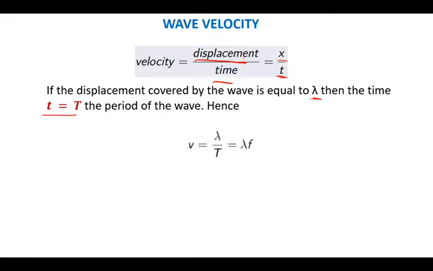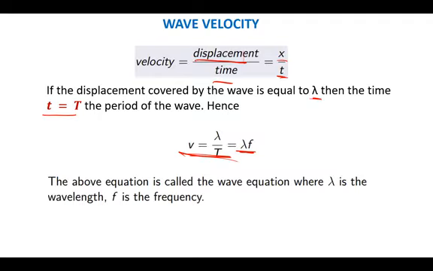This leads us to the formula for velocity, v = f lambda. The above equation is called the wave equation, where lambda represents the wavelength and f represents the frequency.